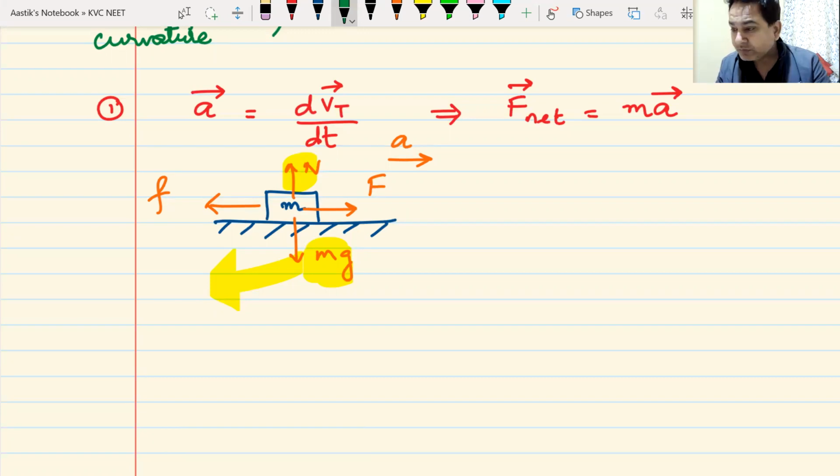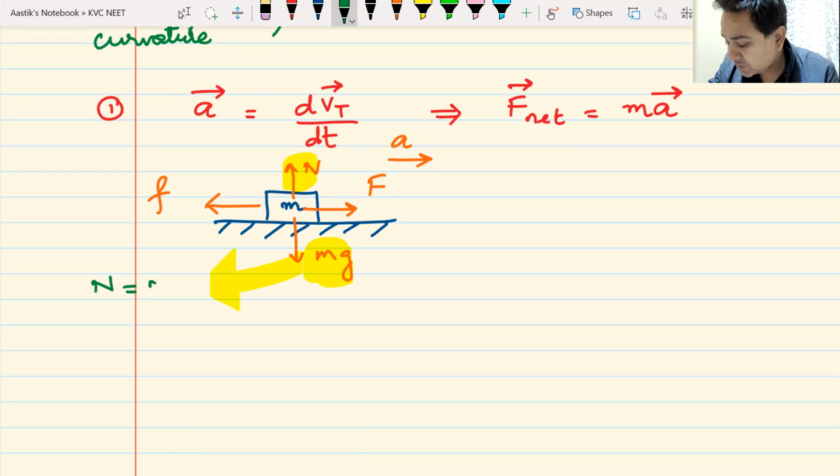No one? What will the yellow equation look like? Yes, the yellow equation will look like this.